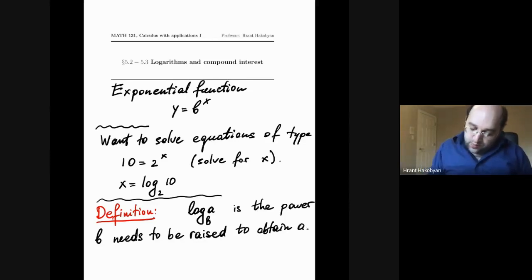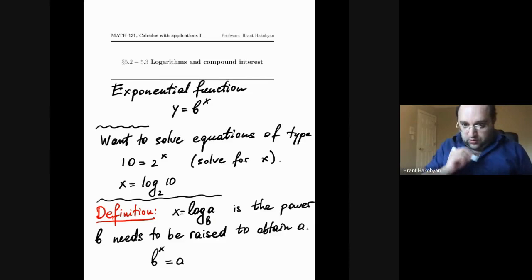Let's call this x. This equation is the same thing as saying that x is the power that I need to raise b to obtain a. In other words, I can write that b raised to the power x is equal to a.